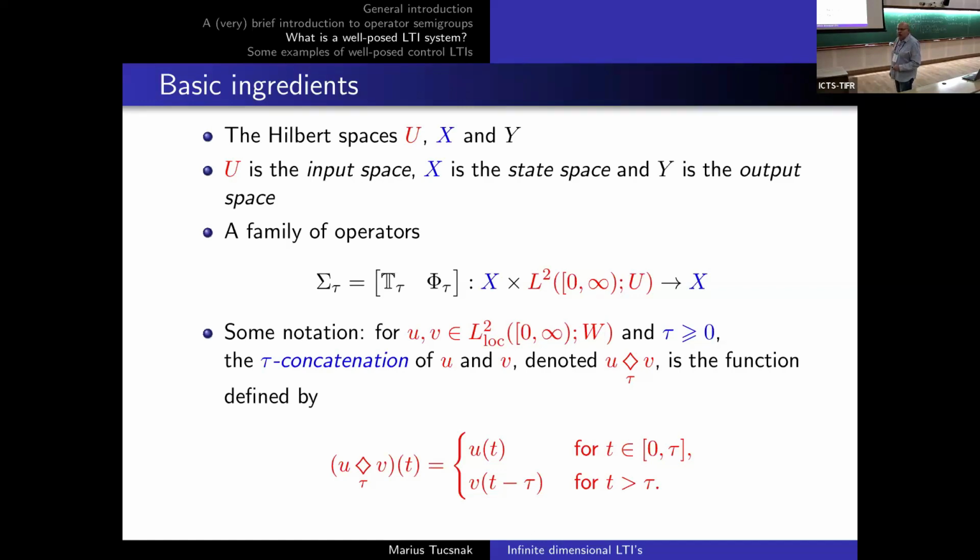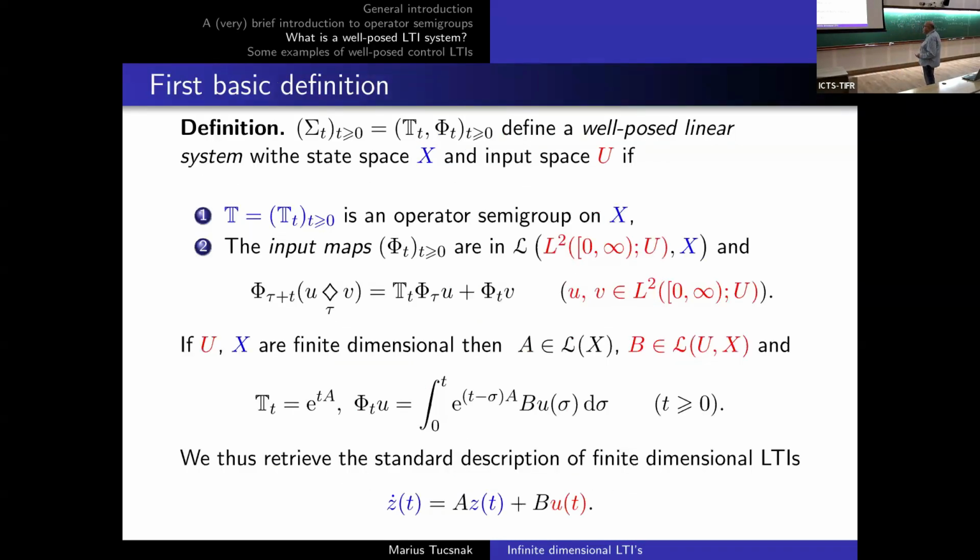I have two signals U and V defined on 0 to infinity. What I do here is I take U up to tau, and then I shift, and I begin V from tau, as if it would begin from 0. That's the concatenation of 2 signals. It's a very standard concept. The notation is maybe less standard.